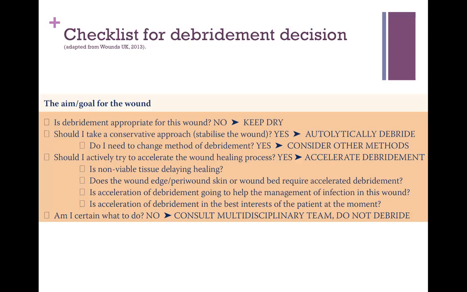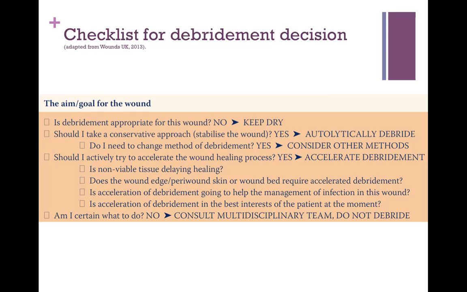A certain checklist should be kept in mind while making the debridement decisions. For example, what is the goal for the wound? Is the debridement appropriate for the wound? Should I take a conservative approach? Should I actively try to accelerate the wound healing process? Am I certain what to do?